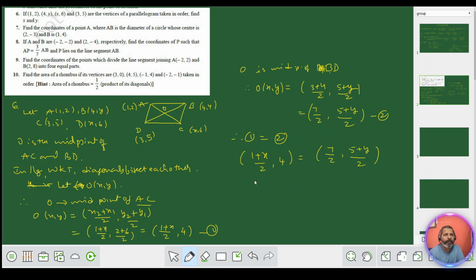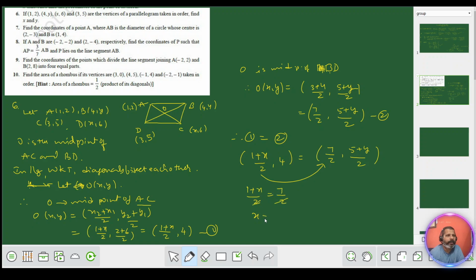You just equate the x coordinates with each other and the y coordinates of the same point. So that is (1 + x)/2 equals 7/2.